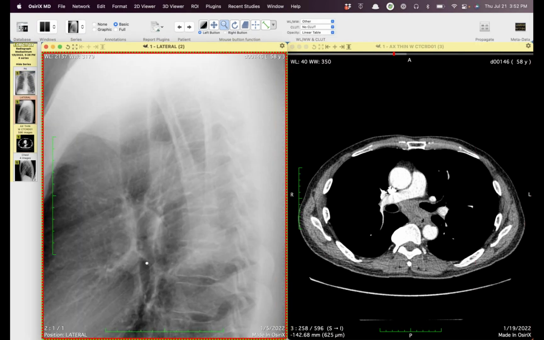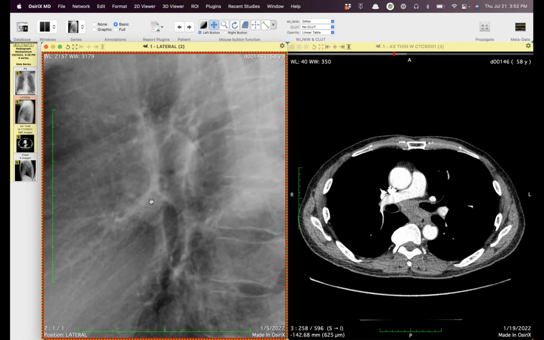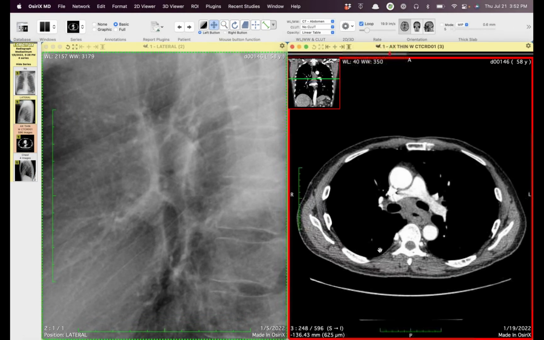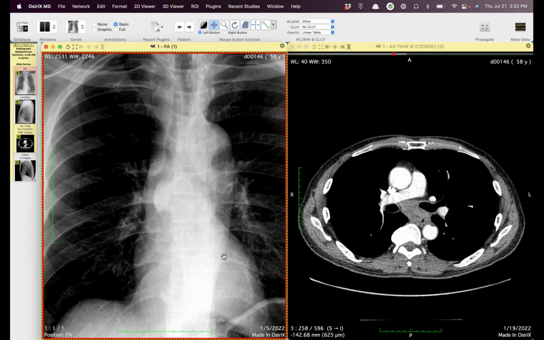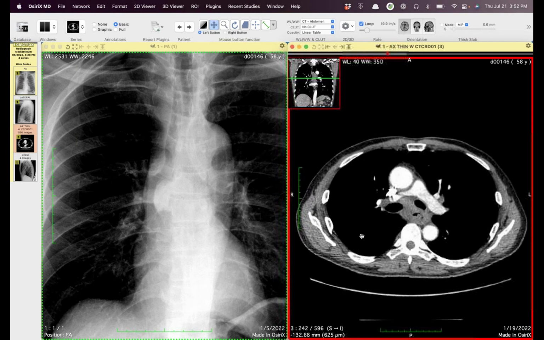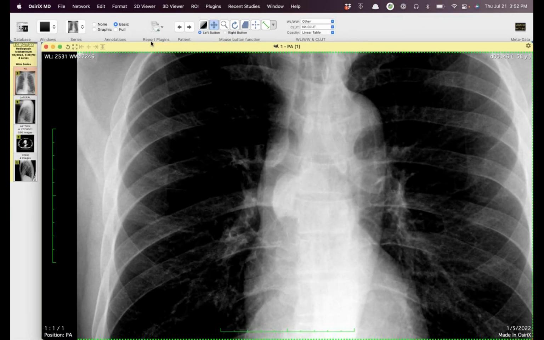I can buy that. I don't, but again, you just don't even see lymphadenopathy in the subcarinal space in the lateral view. True. So I think we should not interpret chest radiographs without an accompanying CT. Agreed. All right, that's that one.